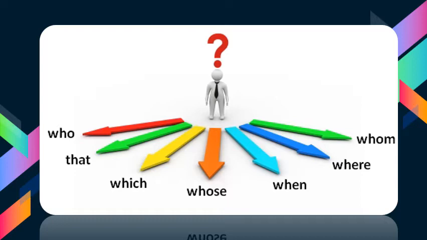So when is about the time. When we say the time, for example, when is your birthday? You say, when is your birthday? When you need to say a day, a date, we use when. Then we have where, that is for places. Where we use to ask about some place.